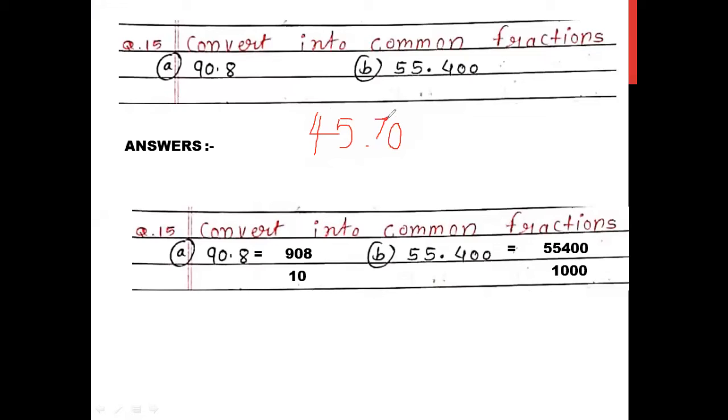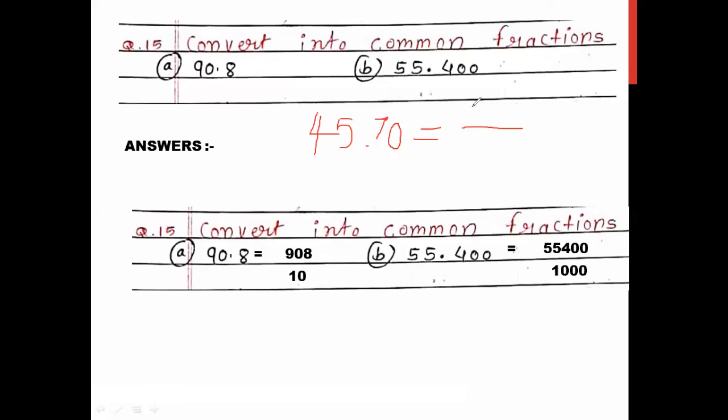45.770. Now convert, yeah, convert. Come on. You can write on the screen also. I share my screen. So convert 45.70 into common fraction. This is decimal fraction.